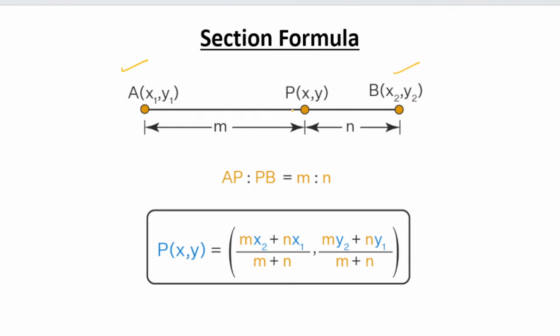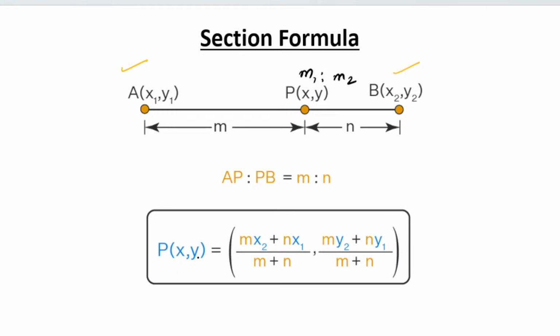This line segment is divided by another point P in some ratio. Suppose the ratio is m1 is to m2 and the coordinates of this point P are x and y. We can find the coordinates of this point by using the section formula.